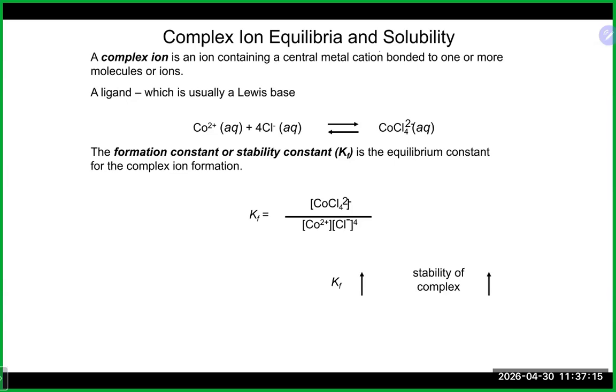And ligands are Lewis bases. If you remember from the last chapter, a Lewis base is something that will donate a pair of electrons. So this is the Lewis definition of an acid and a base.